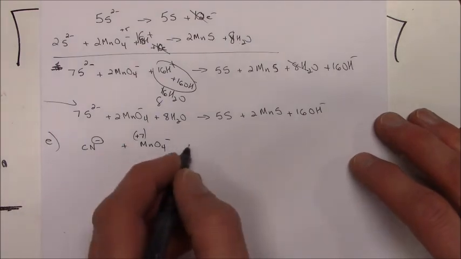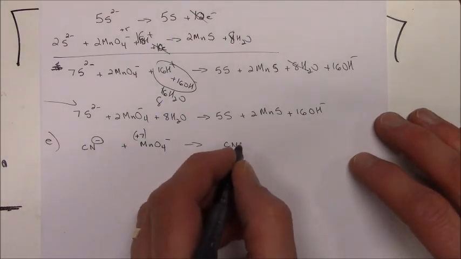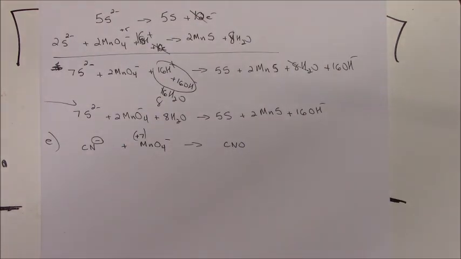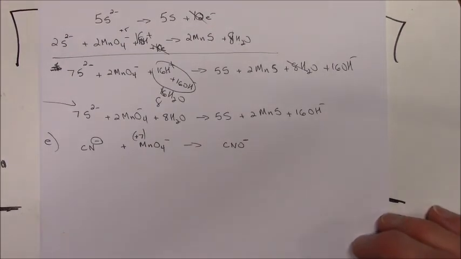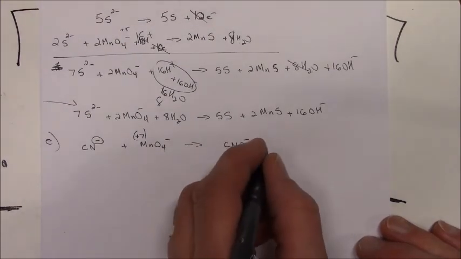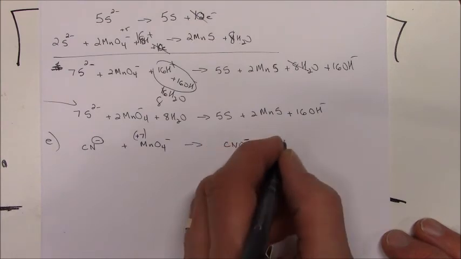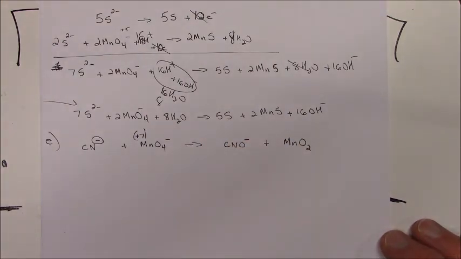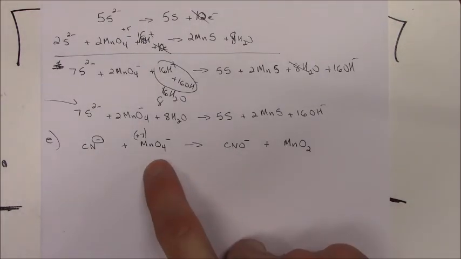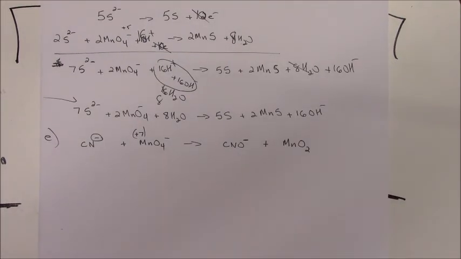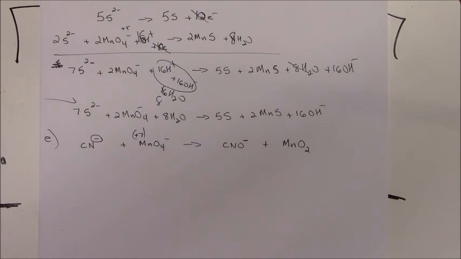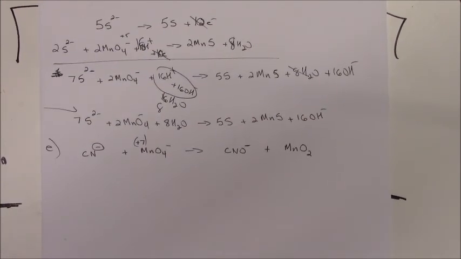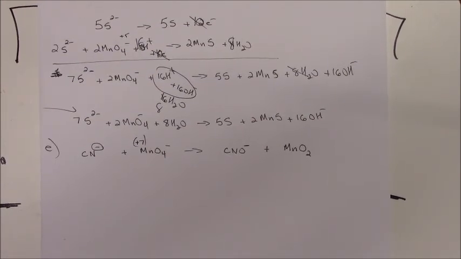So we're going to CNO negative, and that would be plus manganese dioxide. Double checking that this is what it is. So that looks good. So in cyanide, oh boy, well, this is going to put me to the test.